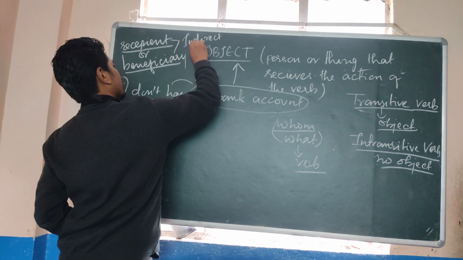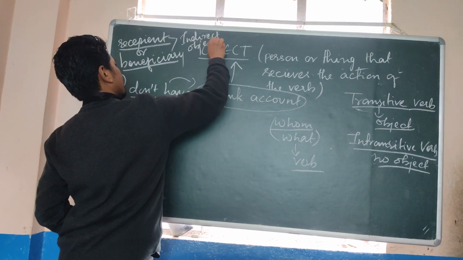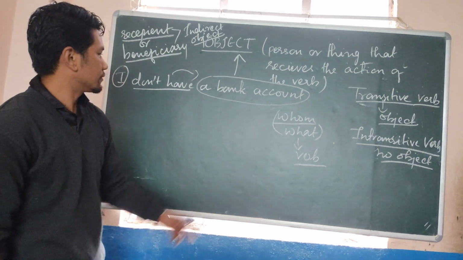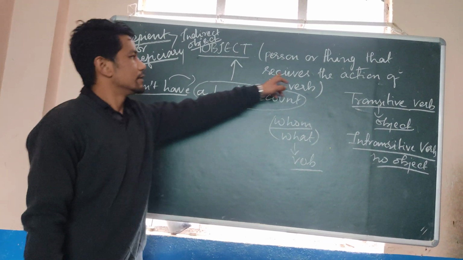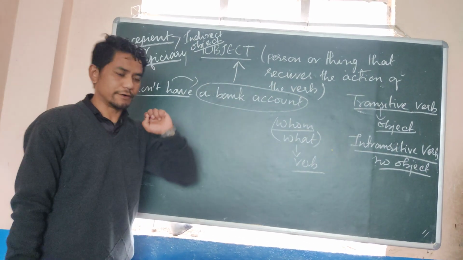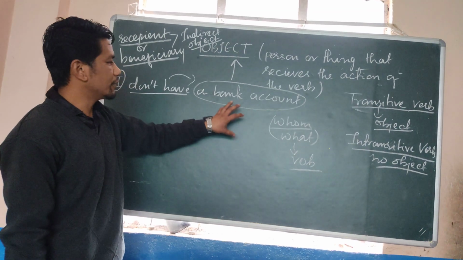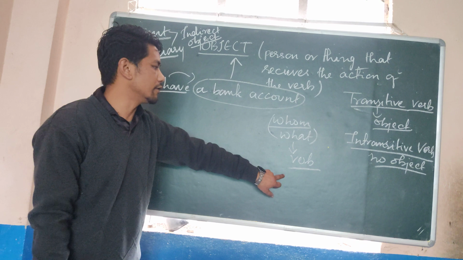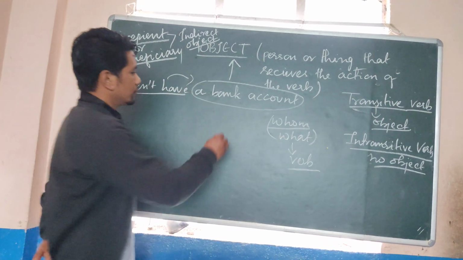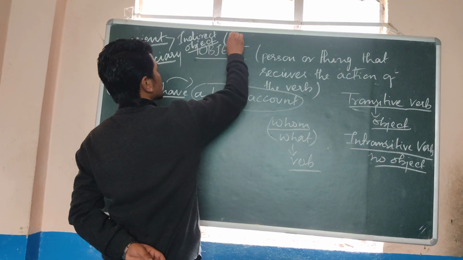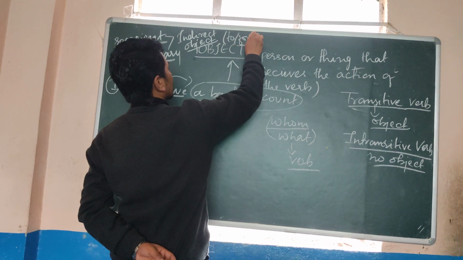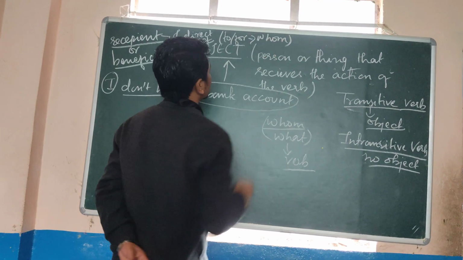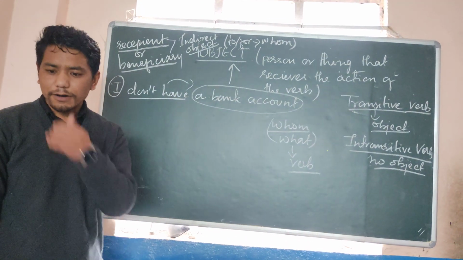You have to remember that. Whenever you want to find the direct object, you use whom or what with the verb, whereas to find the indirect object you have to add the preposition to or for with whom.